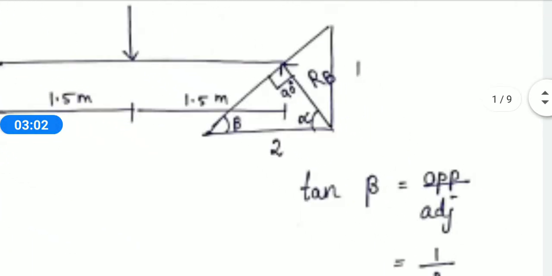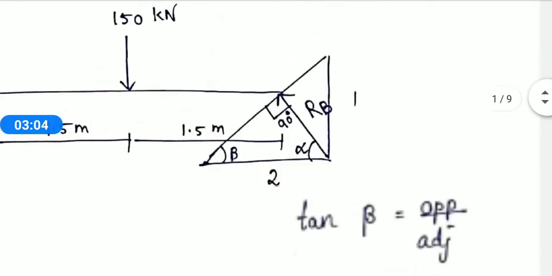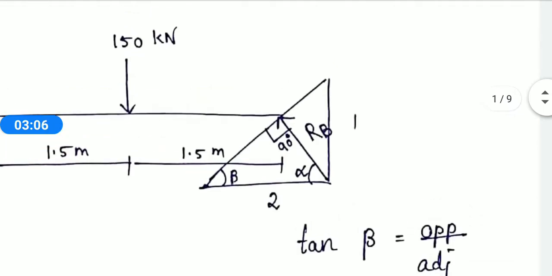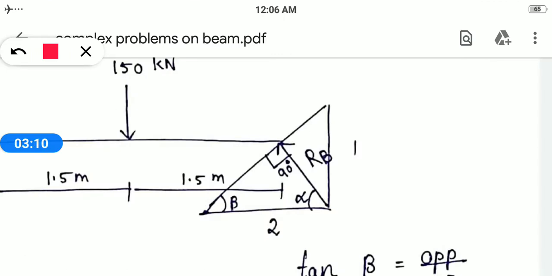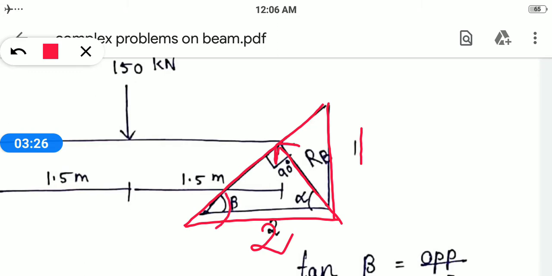Take this condition. This is your RB, which is the inclination of your support. Given in the question, the whole triangle has a ratio of 1/2, so I am taking 1/2 here and considering this angle as beta.